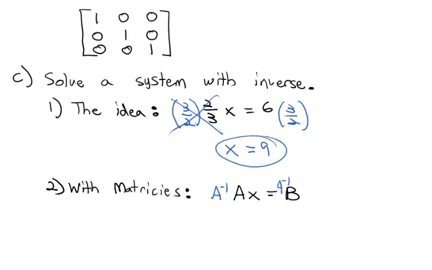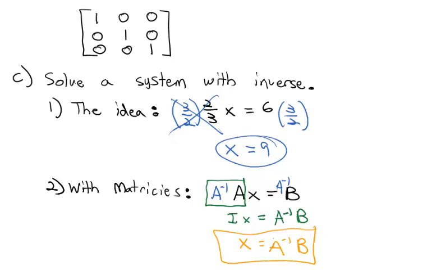So we're multiplying by A inverse on the left, because A times A inverse, we know anything times its inverse is the identity matrix. We use I for the identity times x equals A inverse B. Well, anything times the identity on the left side is just the thing we started with. So x, the solution matrix, is equal to A inverse B.